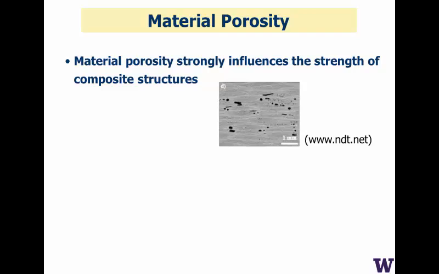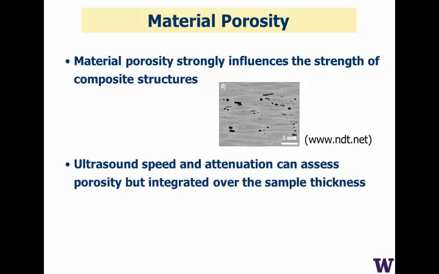The first one we've looked at is porosity in composite materials used in the aerospace industry. Material porosity obviously strongly influences strength and is a critical parameter used to characterize and qualify materials.